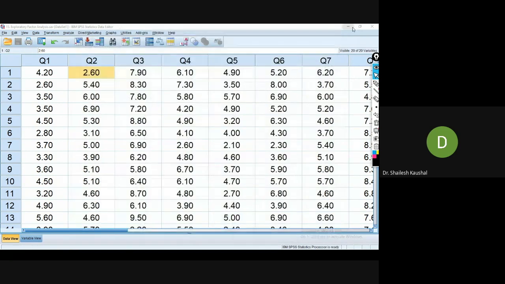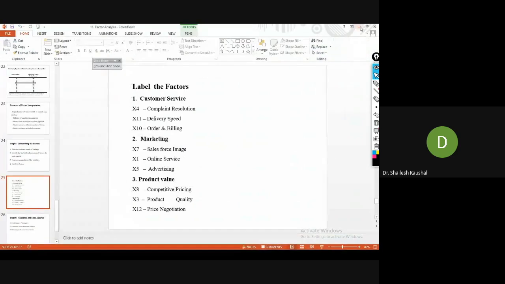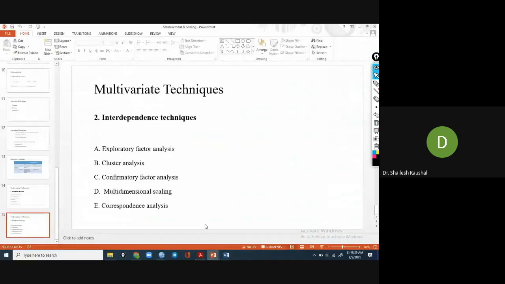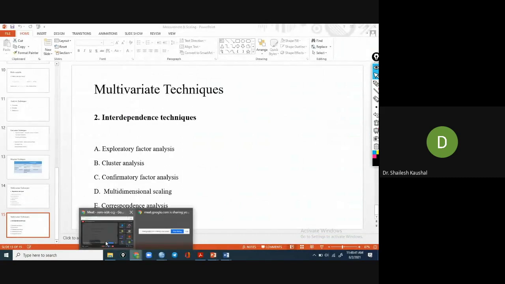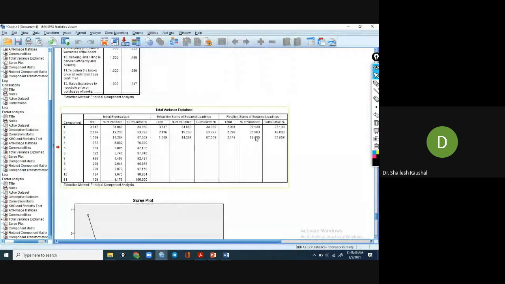Okay, so I am taking the value of my data. This value is 2.984, from the rotated matrix.